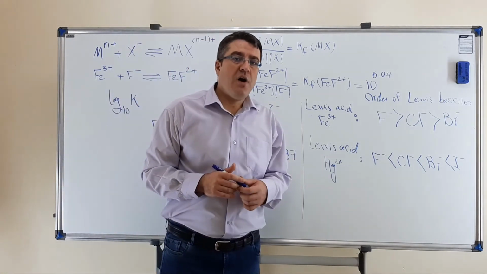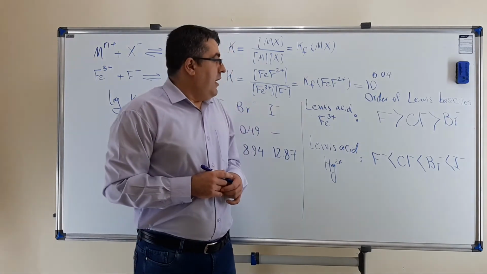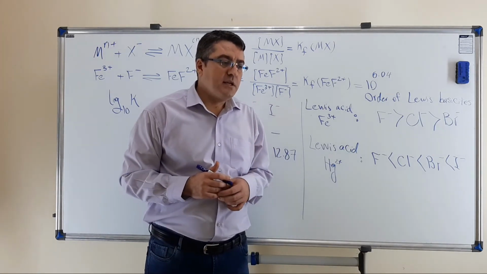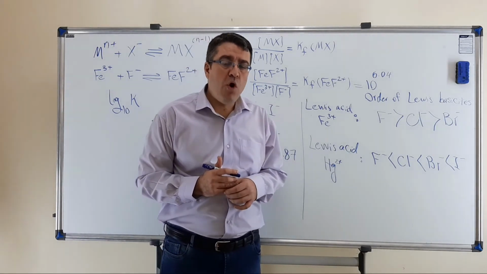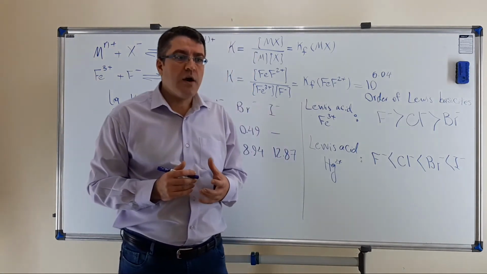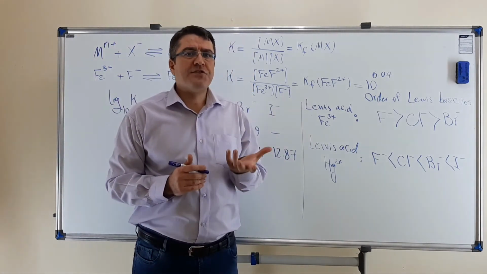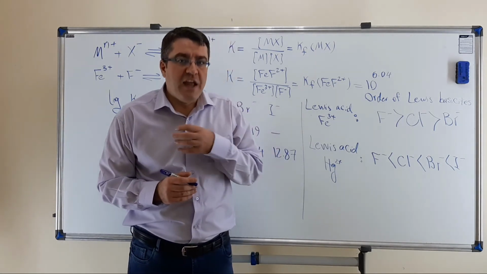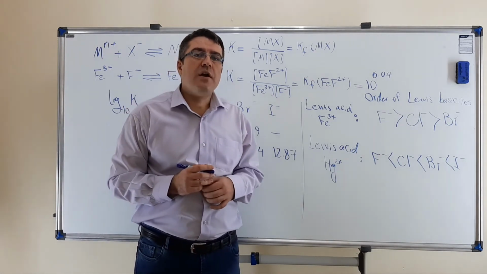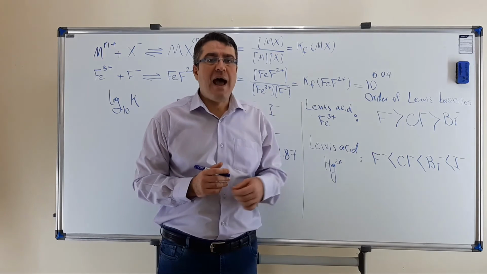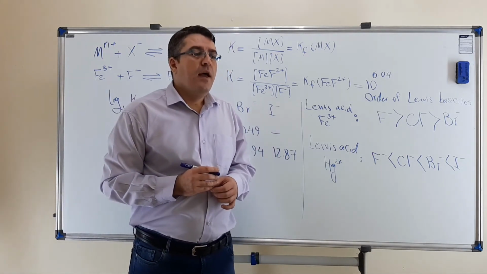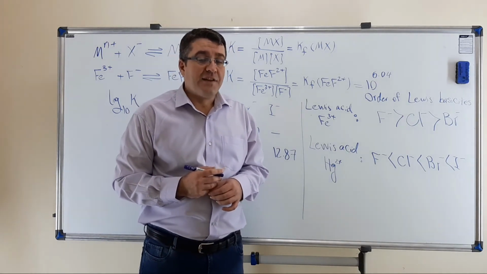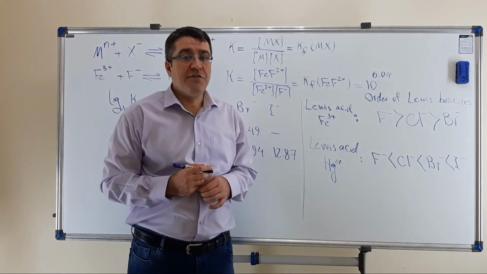We may also justify this fact in this way. Brønsted-Lowry acid-base theory and Lewis acid-base theory are similar in that in both of them, acids and bases are acceptors or donors of something. In Brønsted-Lowry theory, acids are donors of H+, hydrogen cations, and bases are acceptors of H+. On the other hand, in Lewis theory, acids are acceptors of an electron pair, and bases are donors of an electron pair. But here we have a great difference.